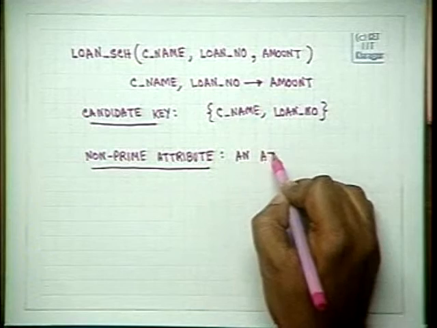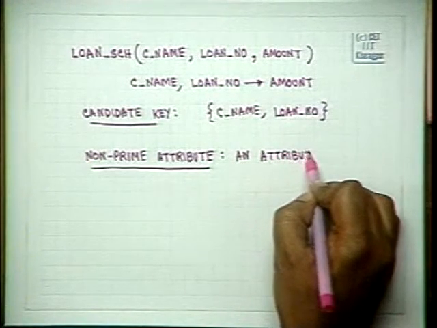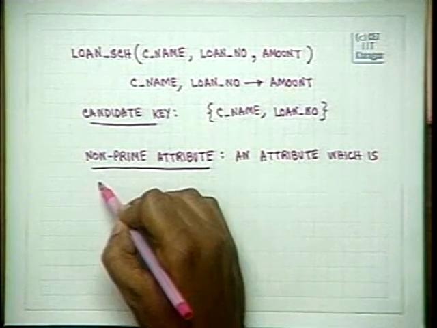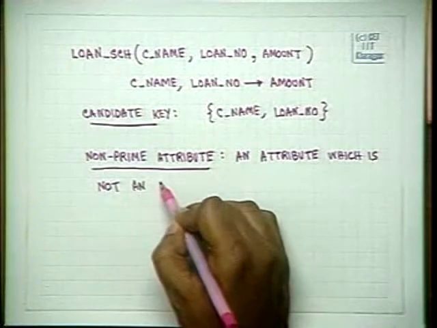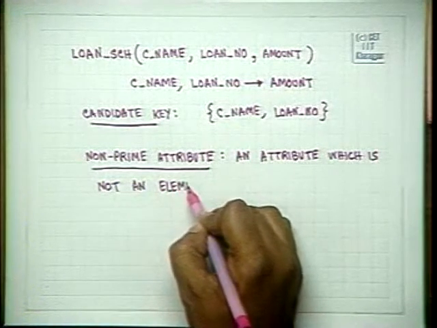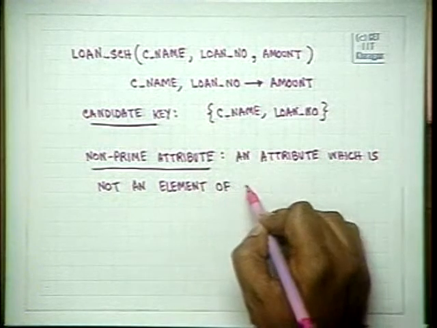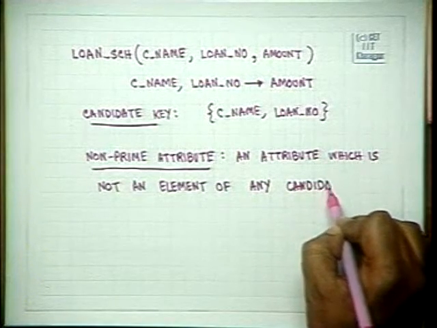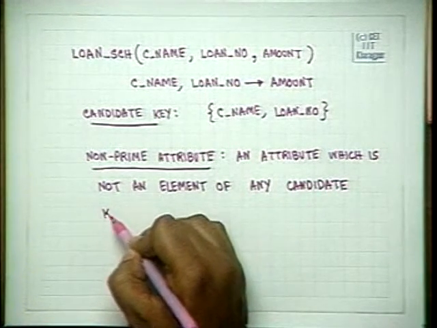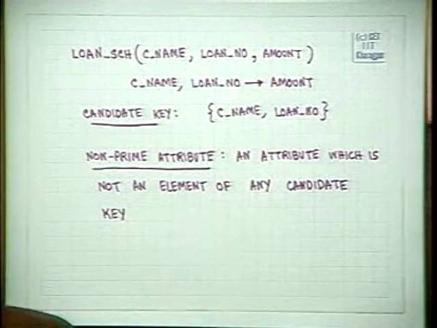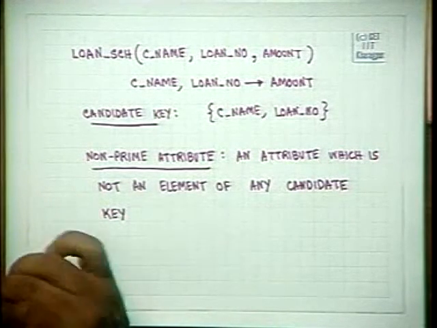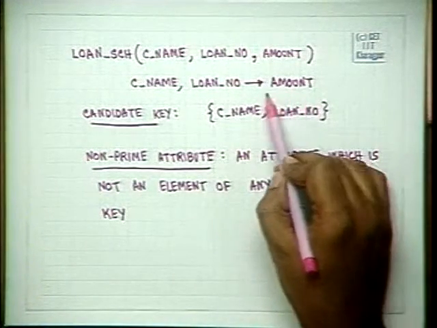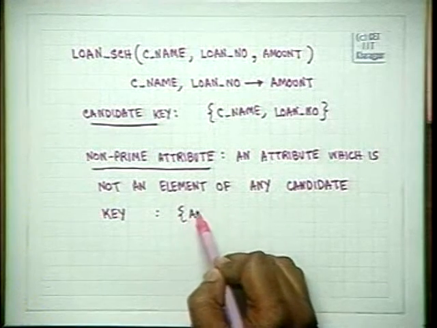An attribute which is not an element of any candidate key. Here, amount. In this particular example, amount is the only one.